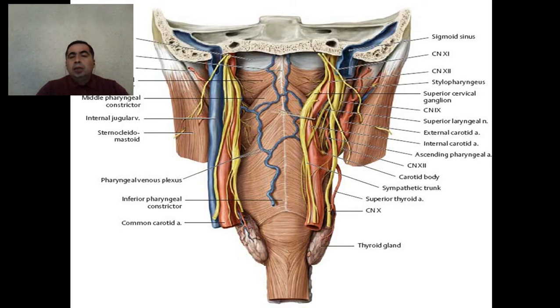Posterior part of the cervical region: you are looking at the pharyngeal muscles, the superior, middle, and inferior constrictors, and especially on the posterior wall of the pharynx, the pharyngeal plexus is well pronounced.